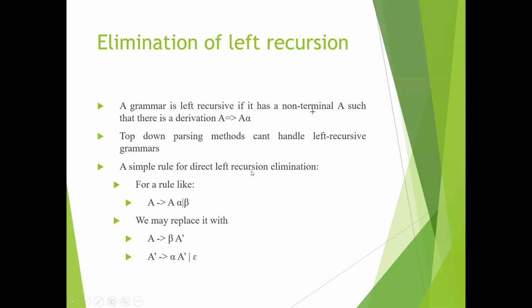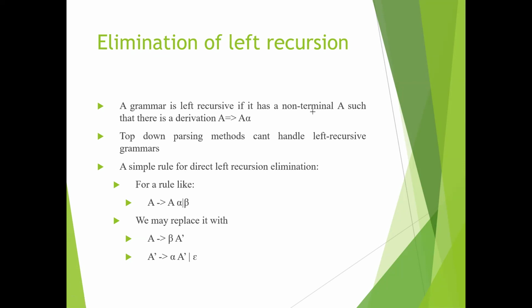Here the rule is that if the production contains A which produces A alpha and A which produces beta, it means that it is a left recursive grammar, as the left hand side non-terminal is the same as the right hand side non-terminal of that particular production.